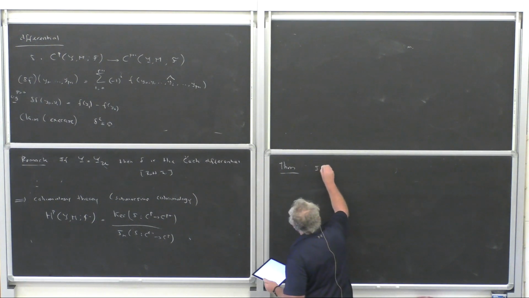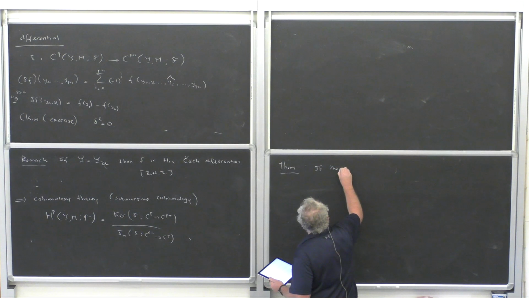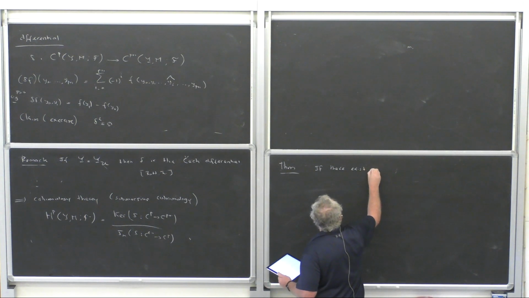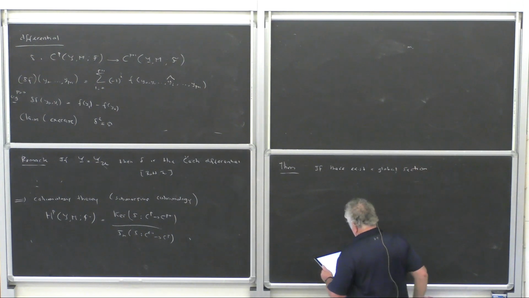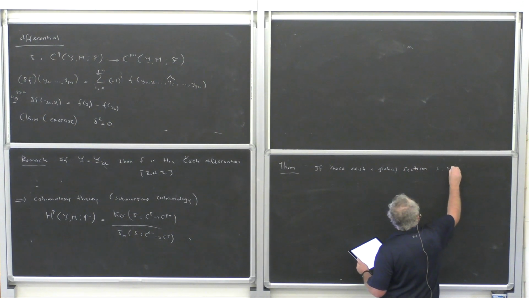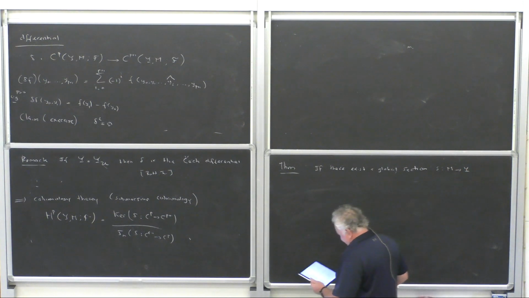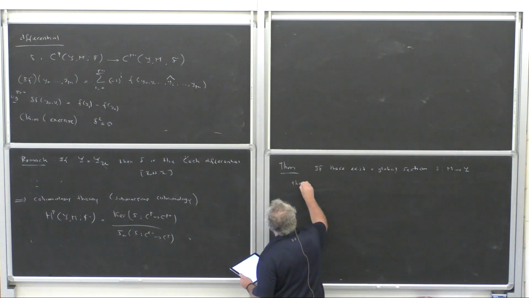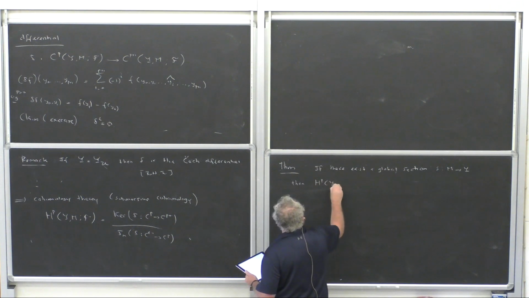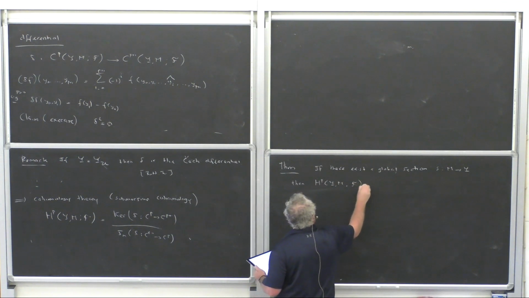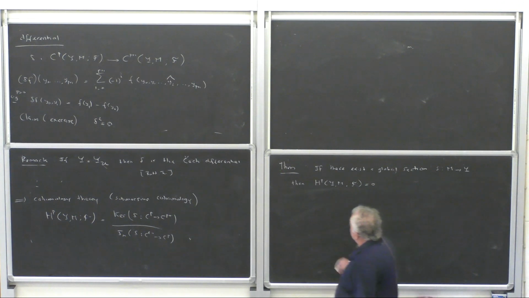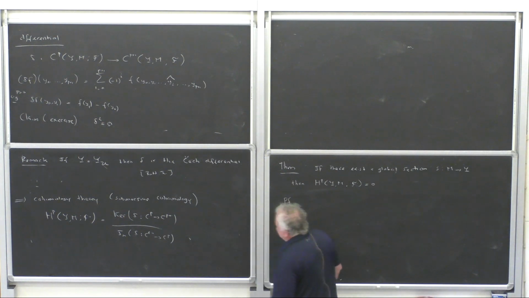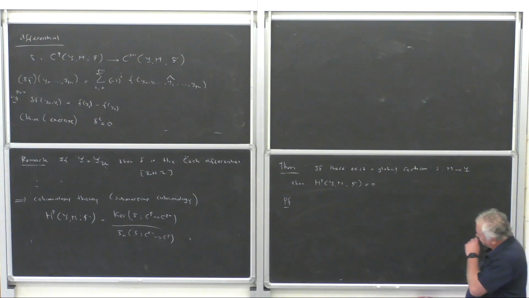If there exists a global section s from M to Y, then I claim the submersion cohomology is just 0. So if you have global sections, then these submersion cohomologies are not particularly interesting. And I'll give you a proof, just to see how you work with this.